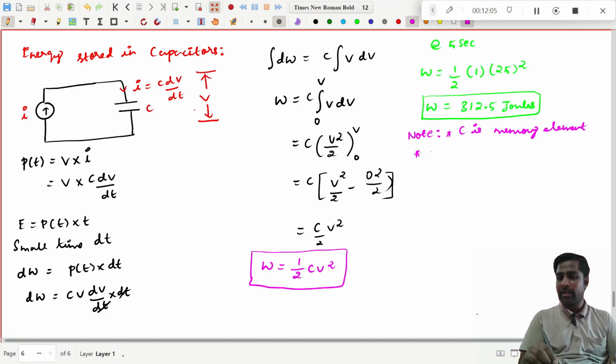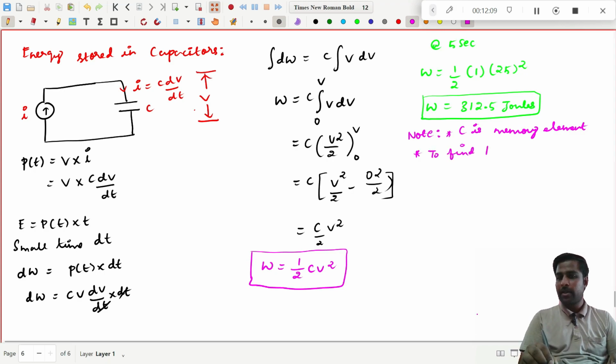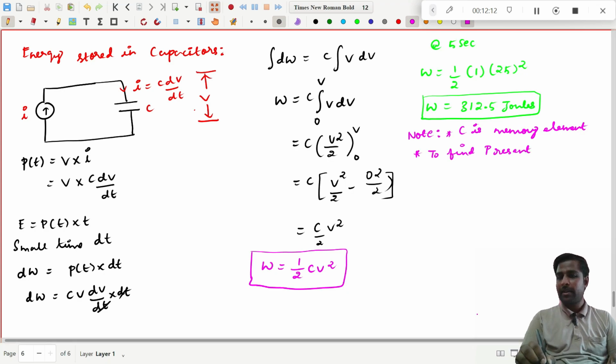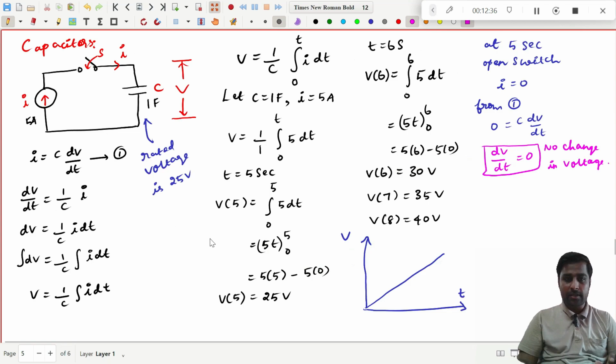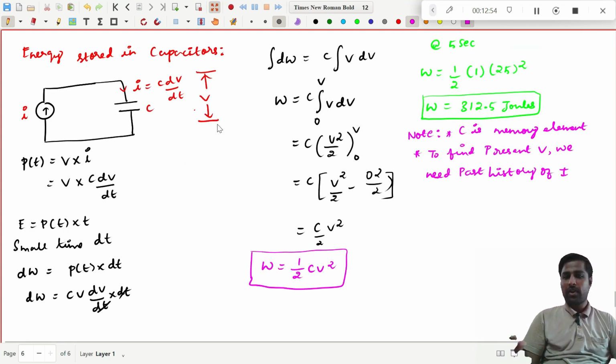And second point, to find the present V, that means voltage, we need the past history of I. You see this expression so that you can easily understand: V is equal to 1 by C integration of I. So if you want to find the present value of voltage, you need to know the previous history of current values. That is what we have written here.